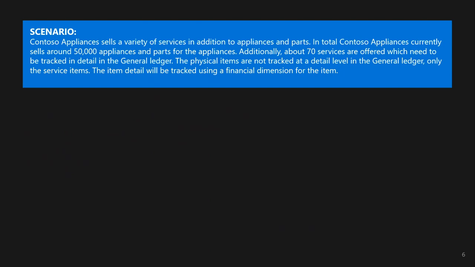The physical items are not tracked at a detail level in the general ledger, only the service items. The item detail will be tracked using a financial dimension for the item. So there's 50,000 items and we need a financial dimension to track 70.